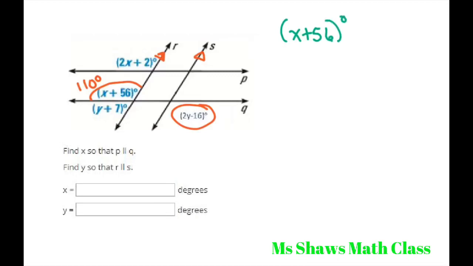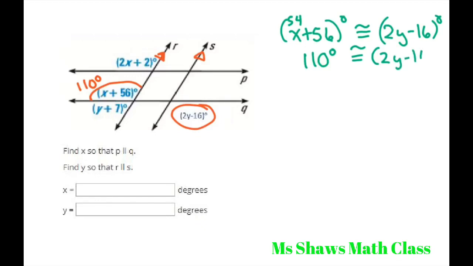So x plus 56 degrees should be congruent to 2y minus 16 degrees. We know that this is 110 degrees here once we plugged in our 54. So that should be congruent to 2y minus 16 degrees.